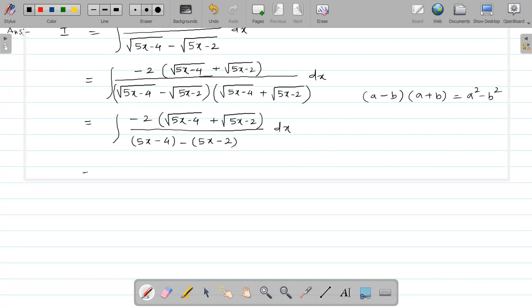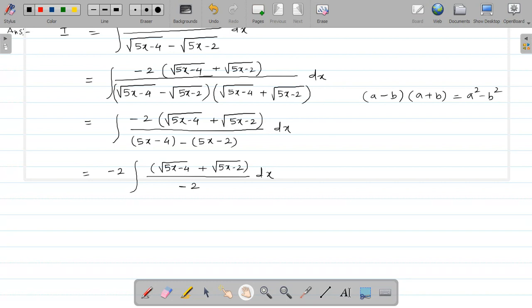Now the original integration becomes, you can take minus 2 outside of the integration, and integration of root of 5x minus 4 plus root of 5x minus 2 divided by, now if you observe this denominator, 5x will get cancelled, and minus 4 plus 2 means minus 2, dx.